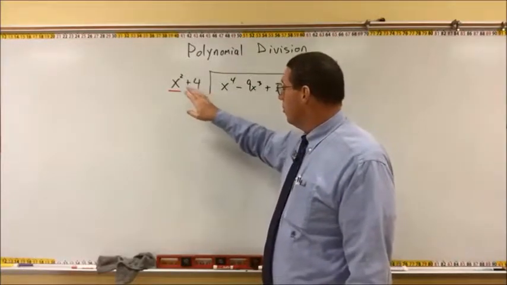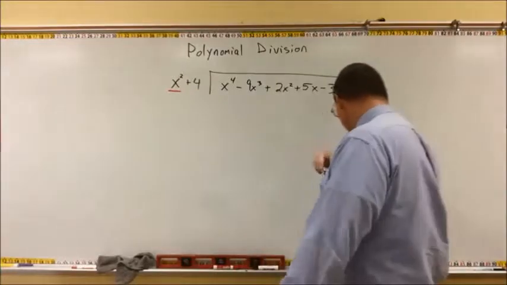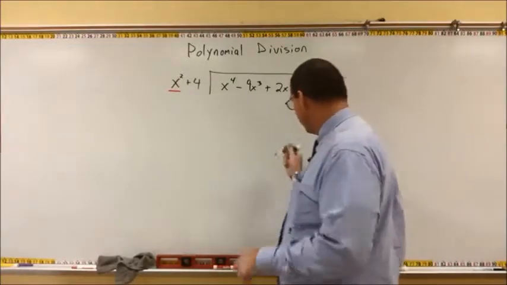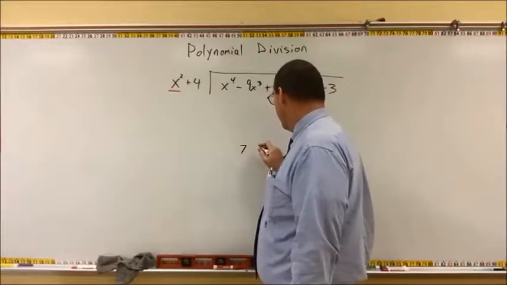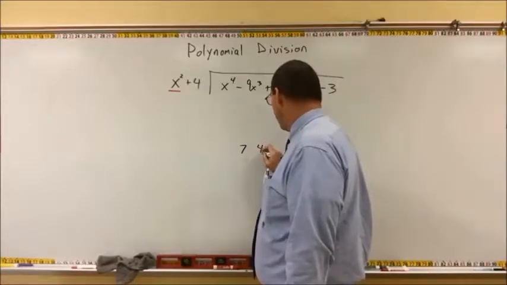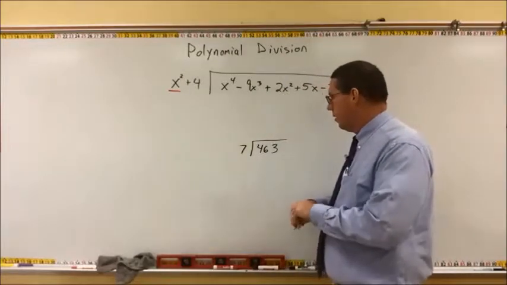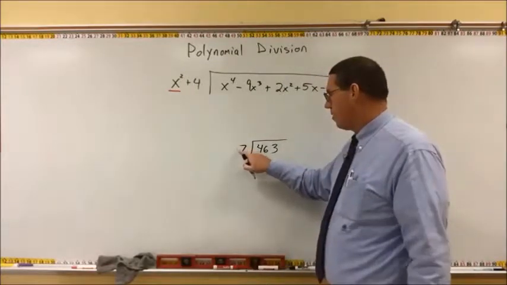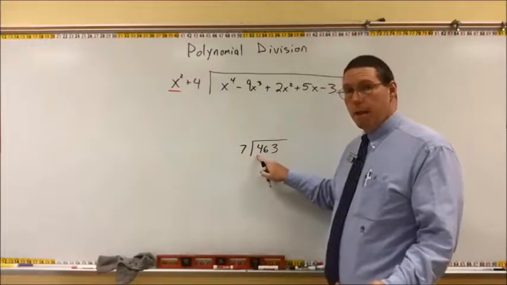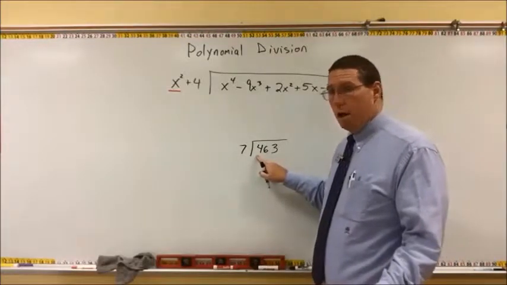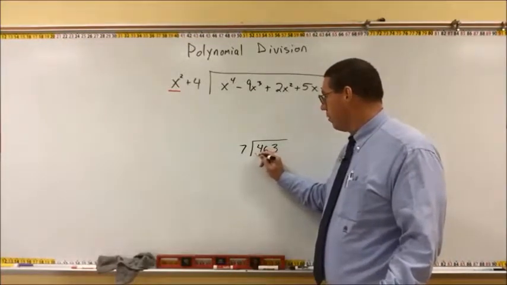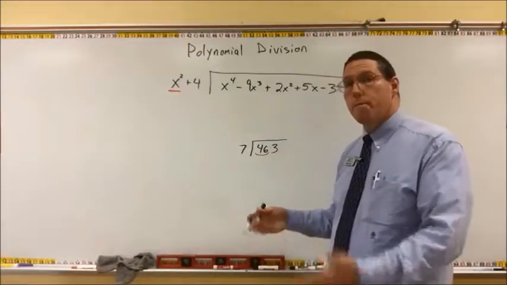Now, when you divide, if you recall long division, like if we were dividing 7 into 463, what we typically do is try to see how many times this number goes into the first number, and if it doesn't go into the first number at all, then instead of 4, we turn it into the first 2 numbers, 46.